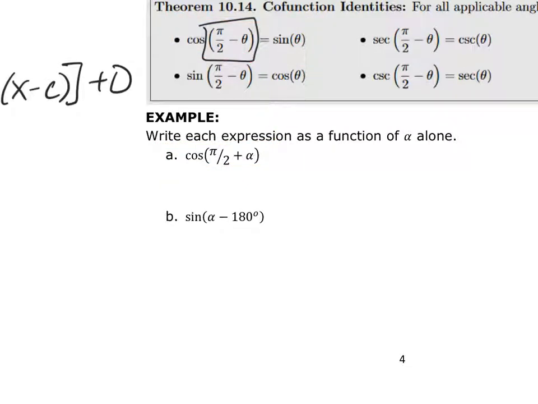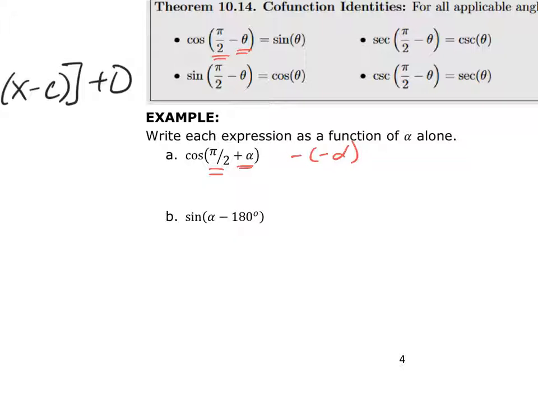When I take a look at this and I'm trying to figure out what it is that I need, if I want to use my cofunction, I need pi over 2, which I have, that's cool. But I need a minus my angle. This is not a minus my angle. But I do know that I can write a subtraction of my angle.